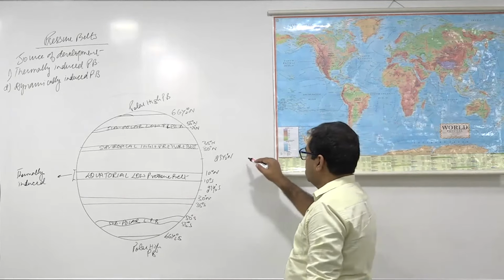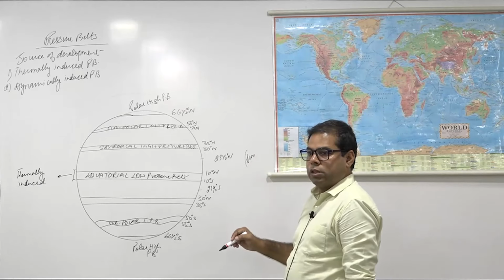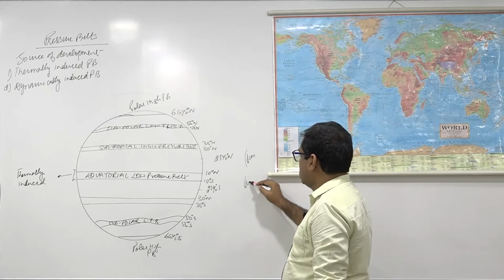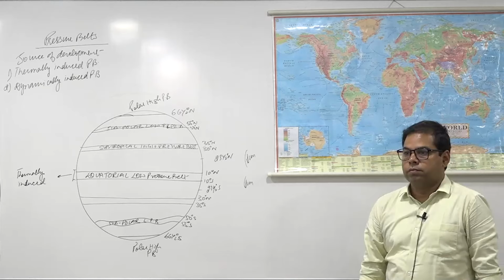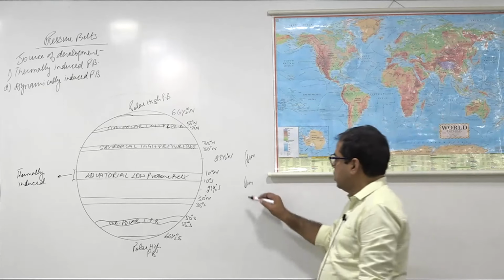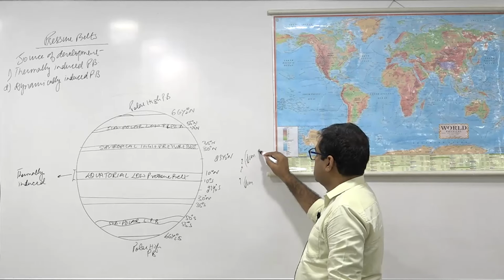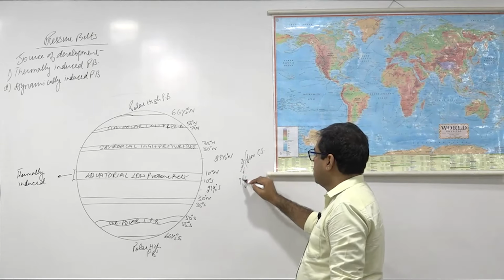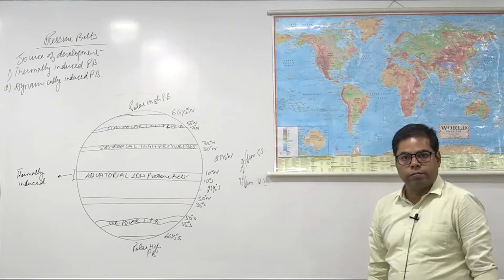So the position of the sun in the summer of the northern hemisphere is vertical on the Tropic of Cancer, and in the southern hemisphere the sun is on the Tropic of Capricorn. This is the apparent shift to the north, this is summer solstice, and the apparent shift to the south is winter solstice. Clear?